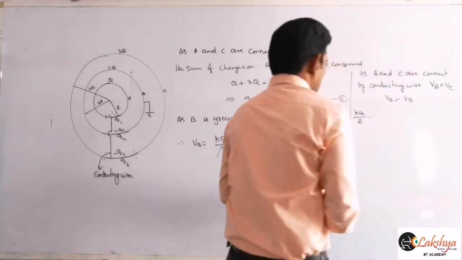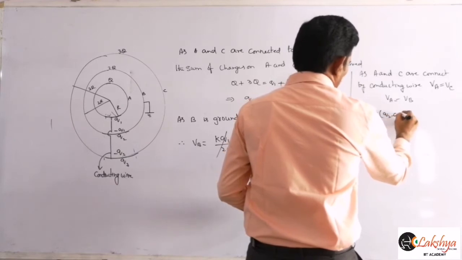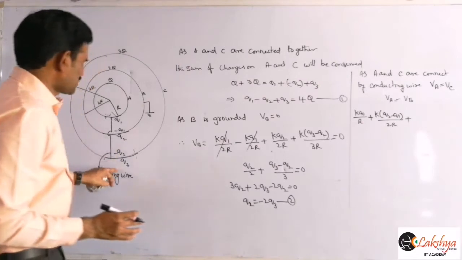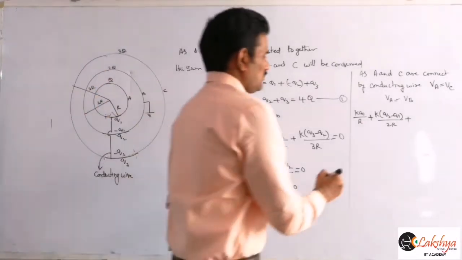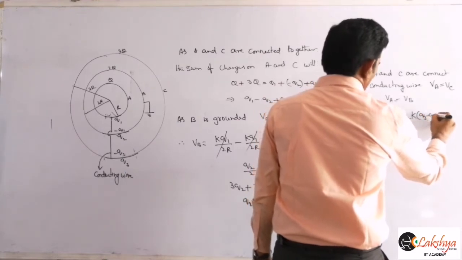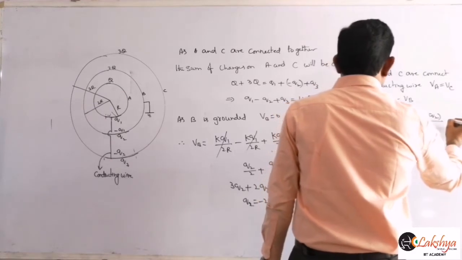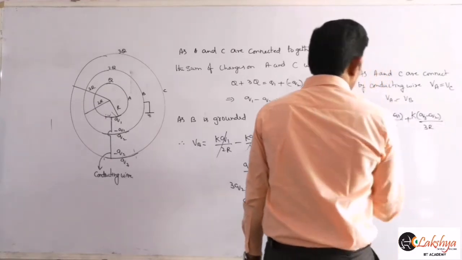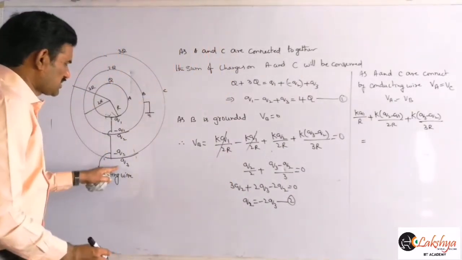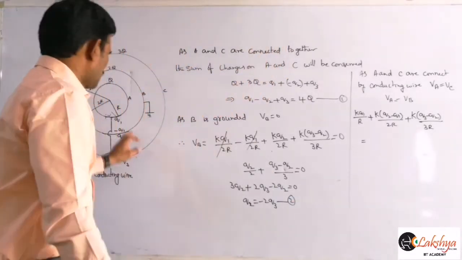So if I take this net charge, K of Q2 minus Q1 by 2R plus, similarly, for this net charge, K into Q3 minus Q2 by 3R. This value must be equal to the potential of C. So for the potential of C, for all these charges, we need to write 3R. I am writing this separately.